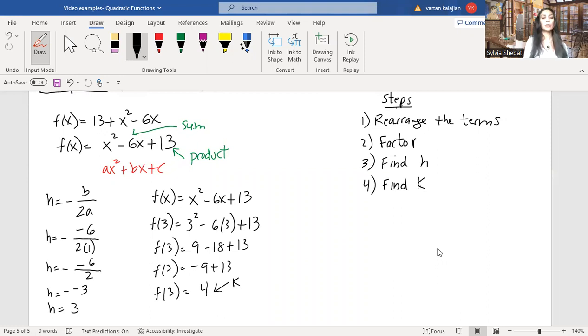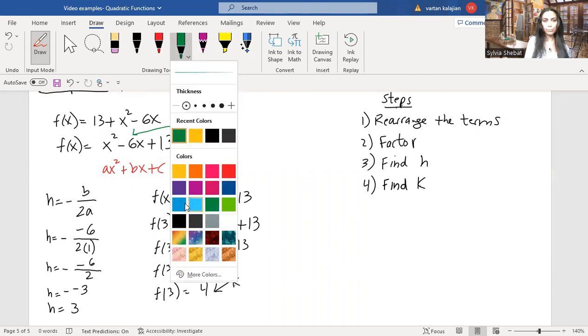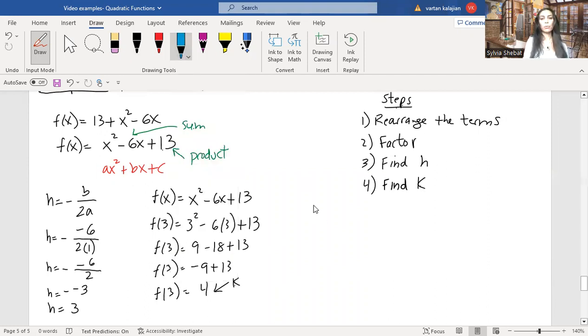We found the k, but we have h, we have k, and then we have a is 1. So for the vertex form, and I will write that again one more time, the vertex form of a quadratic function is f of x equals a times x minus h squared plus k.